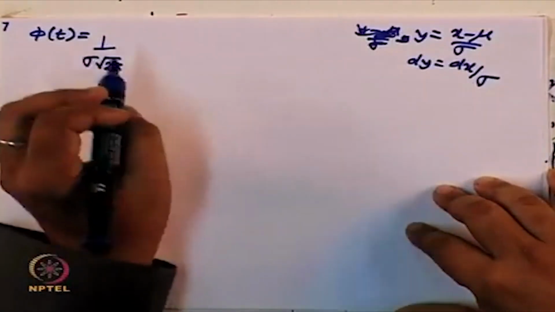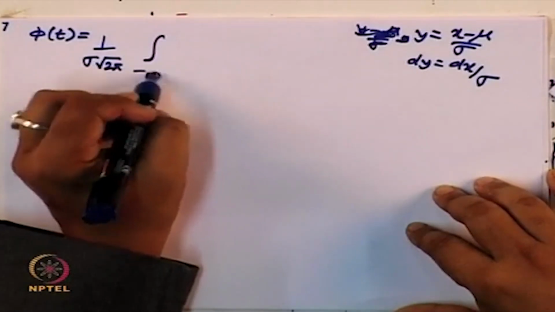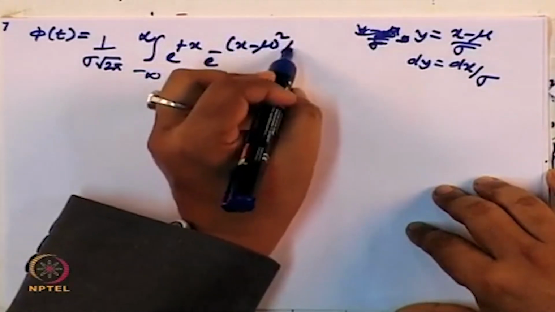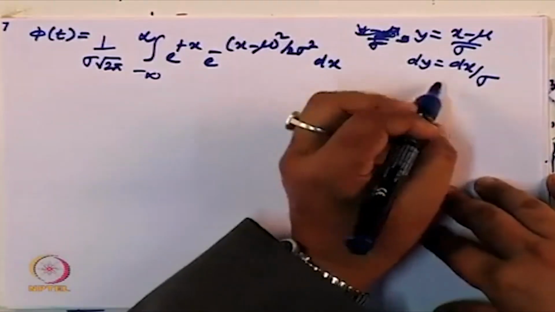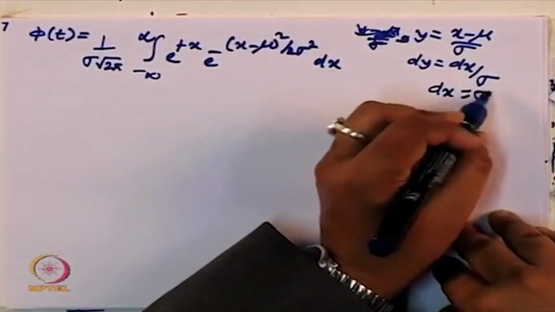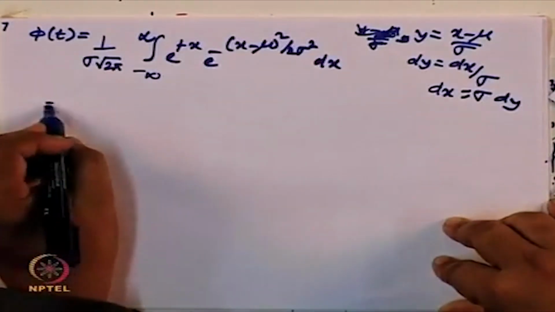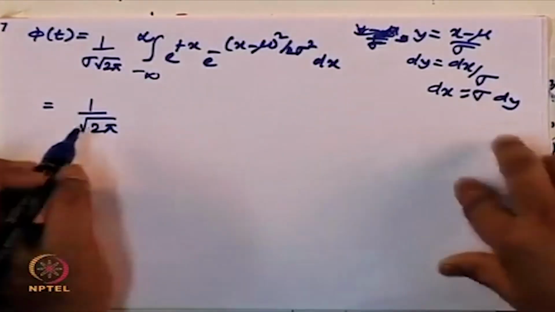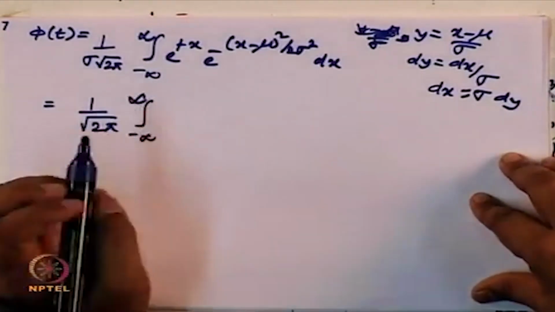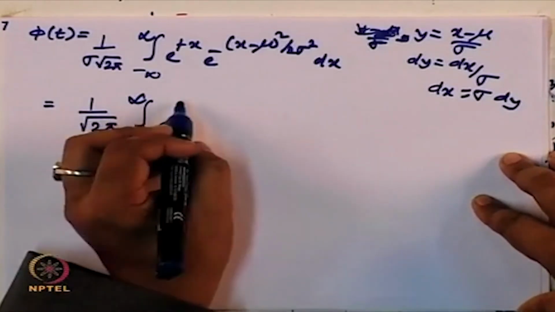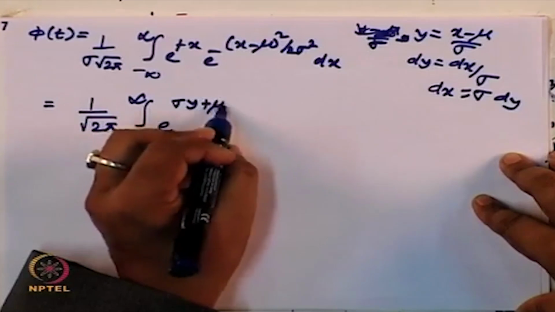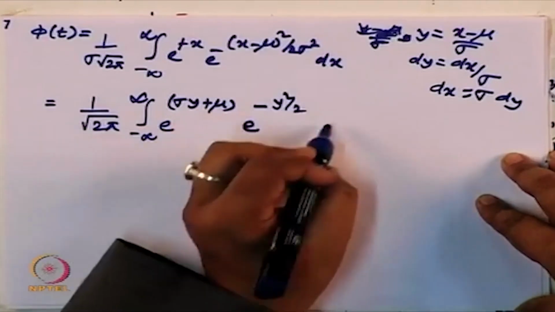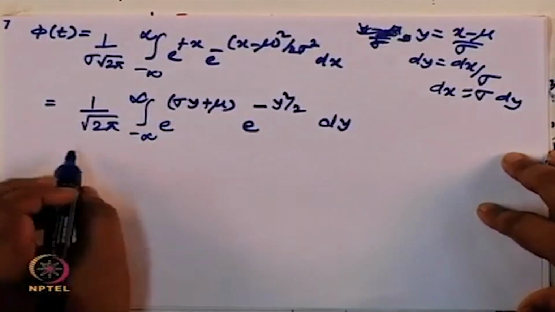So, I can actually convert it. I have the integral of e to the power tx times e to the power minus x minus mu whole square by 2 sigma square into dx. This would mean my dx is equal to sigma into dy. So, the limits will not change, and dx by sigma is equal to dy, so this sigma goes. It becomes e to the power t times sigma y plus mu, minus y square by 2, into dy.